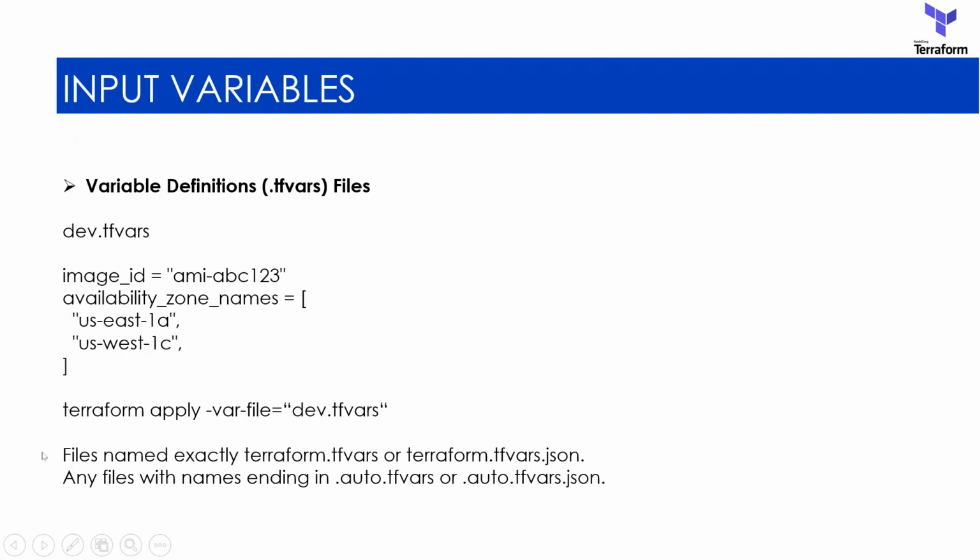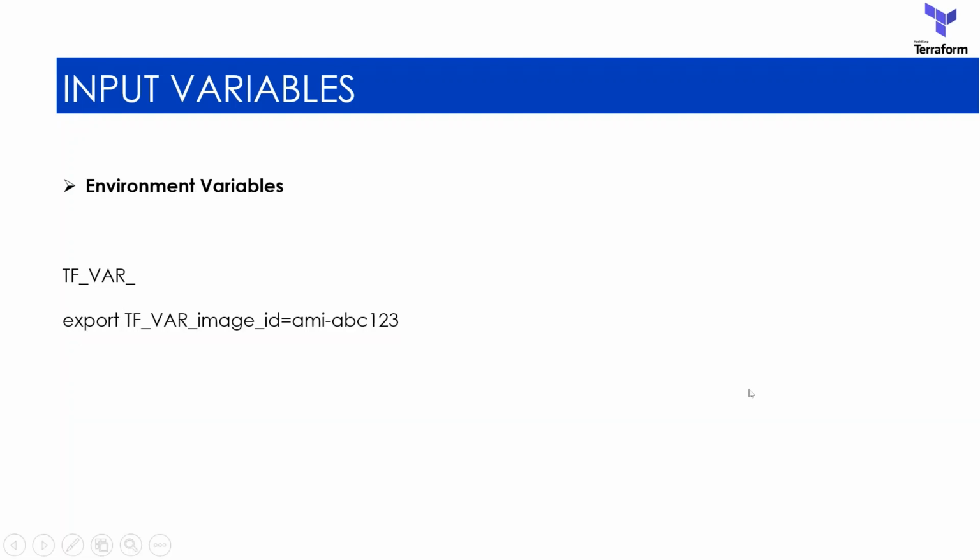The file name is exactly terraform.tfvars or terraform.tfvars.json, or any file with a name ending in .auto.tfvars or .auto.tfvars.json. You can also set input variables with environment variables using TF_VAR_. We already discussed this part when declaring a variable in the provider section at the environment level.